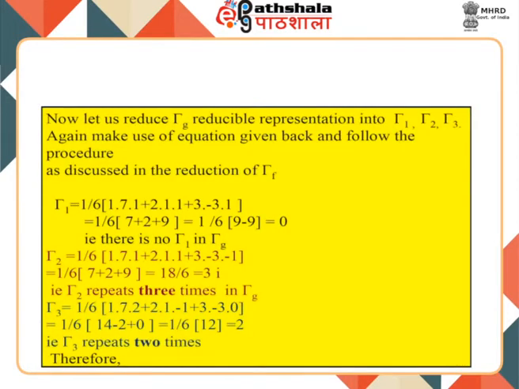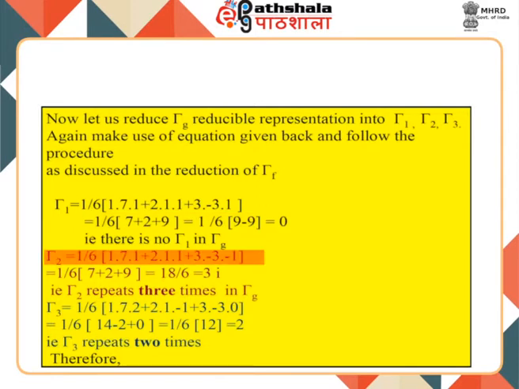Now let us reduce the reducible representation tau Z again into tau 1, tau 2 and tau 3. After making use of equation 1 and following the procedure as I have taken in the case of tau F, we can find out tau 1 is equal to 1 by 6 within bracket 1 into 7 into 1 plus 2 into 1 into 1 plus 3 into minus 3 into 1, is equal to 1 by 6, 7 plus 2 minus 9, that is 1 by 6, 9 minus 9, is equal to 0.